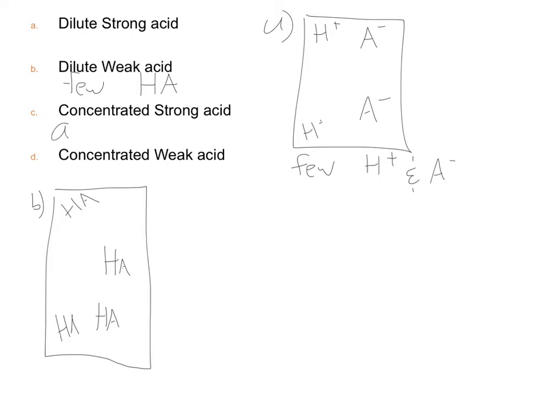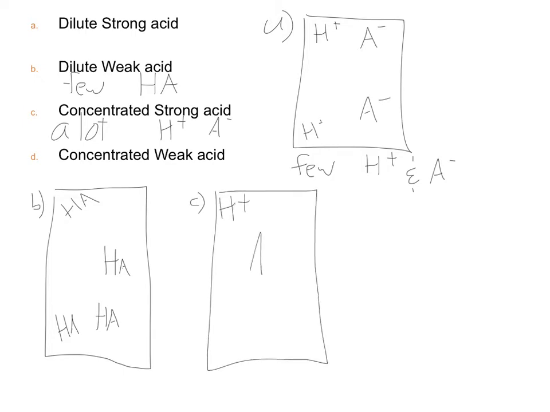Concentrated means a lot, and strong means it favors the products. So they're broken apart. So I've got a bunch of these. And 100% strong means they're all going to be broken apart.